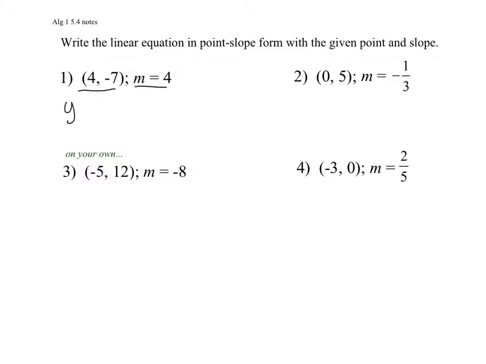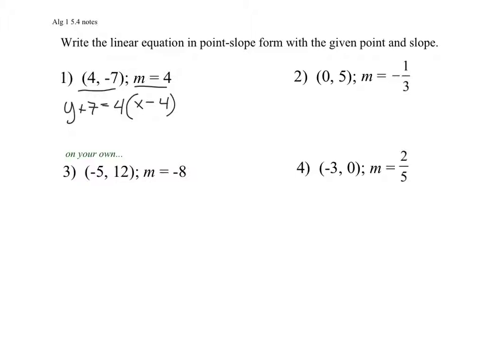We've got y minus, well, that's a negative 7, so it's really a plus 7, is equal to m, so we write a 4, times x minus x sub 1, which is 4. All right? And when the instructions don't give us anything else, that's it. We're done. All you have to do is basically use the point and the slope to plug it in. So let's try it again on number 2.